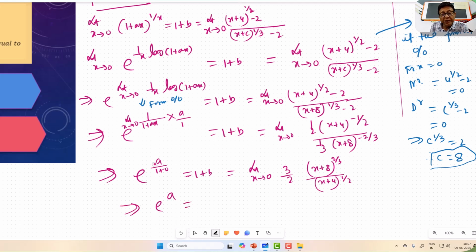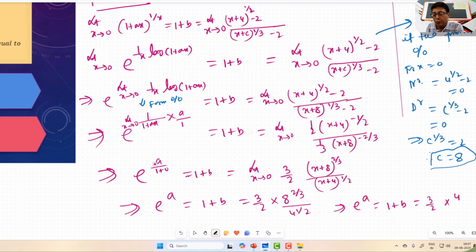So e to the power a, 1 plus b, 3/2, just put the value here, x equal to 0, 8 to the power 2/3 by 4 to the power half. This implies e to the power a, 1 plus b, 8 cube to the power 2/3, that is 4 divided by 2.